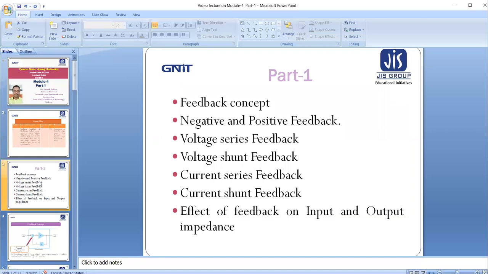So, in part 1, I will discuss the feedback concept, negative and positive feedback, voltage series feedback, voltage shunt feedback, current series feedback, current shunt feedback, and finally the effect of feedback on input and output impedance.